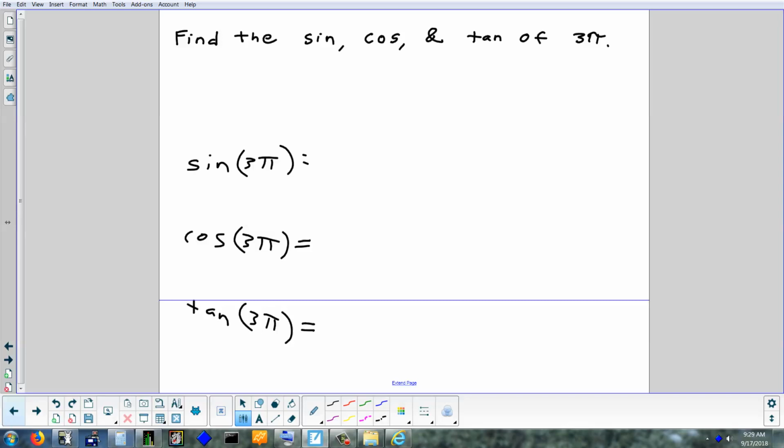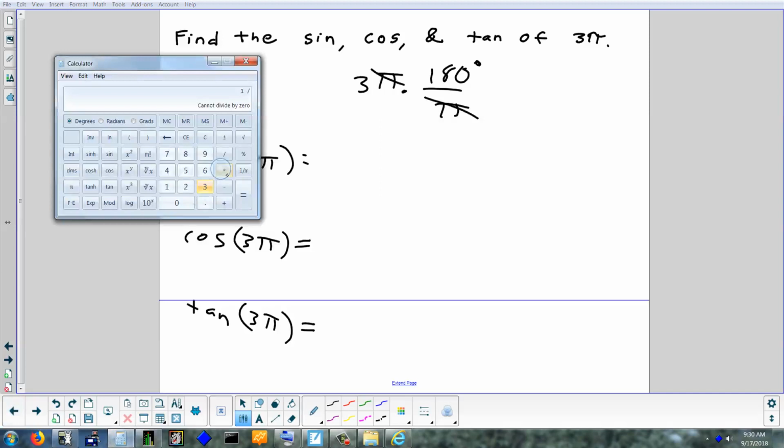So for me, I think most people, they don't think as well in radians. So we can take the radians. And does anyone remember what we multiply by to change it to degrees? Yep. 180 divided by pi. That cancels. And I'm left with 3 times 180. So now, I'm working with the angle 540.